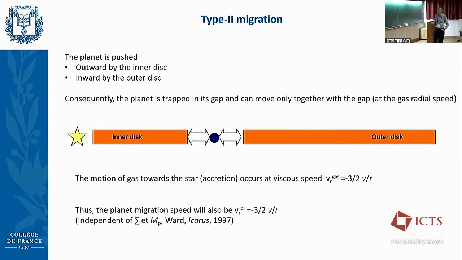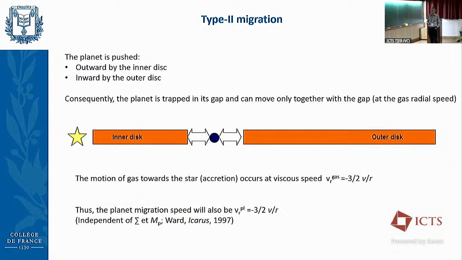And the radial motion of the gas is equal, it's a famous formula, to minus 3/2 the viscosity mu over r. So this will be the speed at which the gap can move towards the star. The planet is condemned to live in the middle of its gap, prisoner of the gap, it put itself in jail. And so the planet migration will be the same as the migration of gas in the disk, minus 3/2 mu over r.